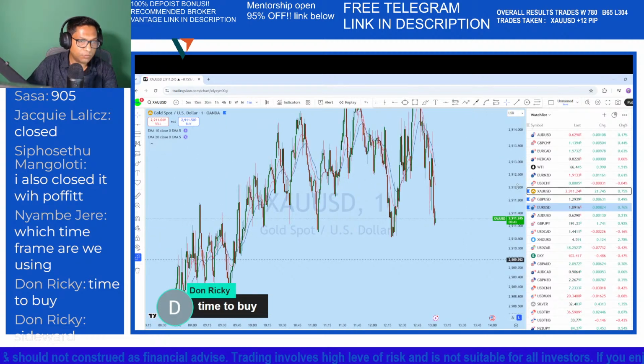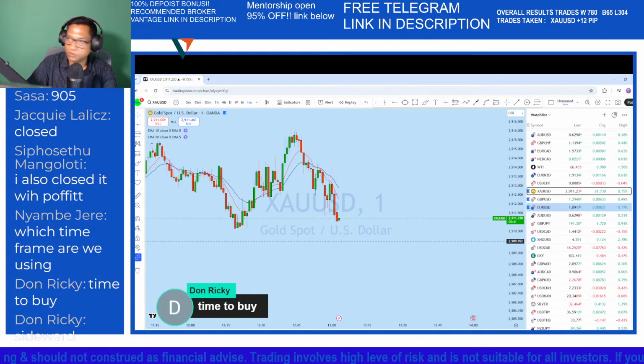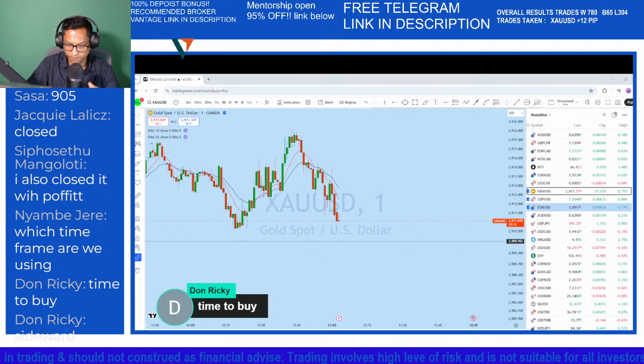So we might see some short-term bearish price action. We'll see where it might be heading.